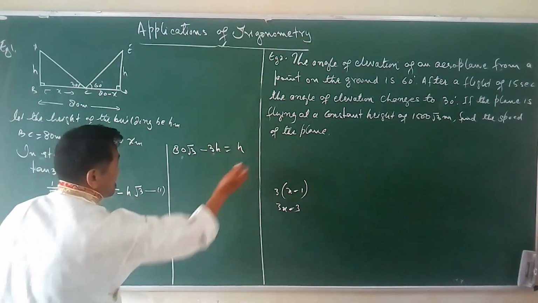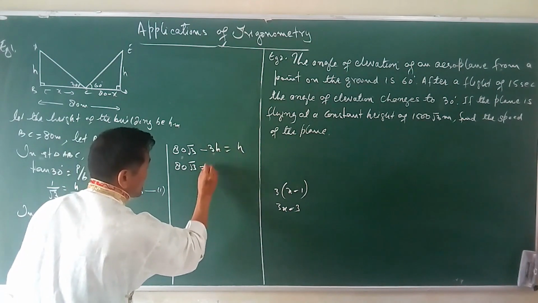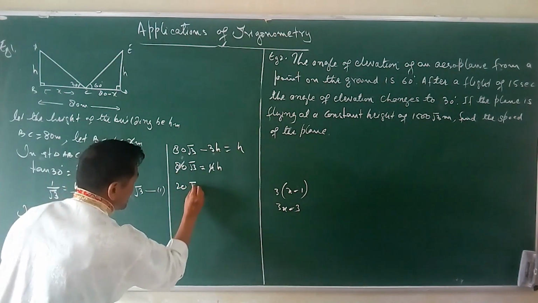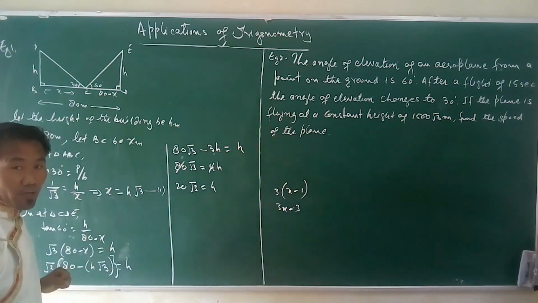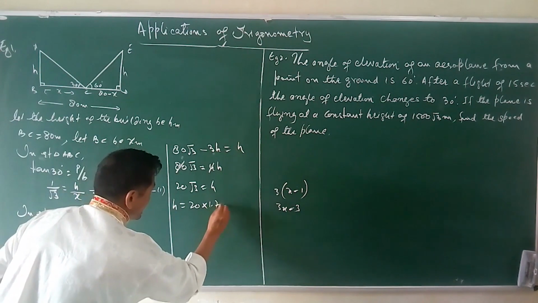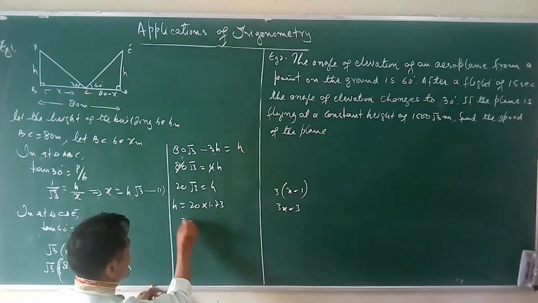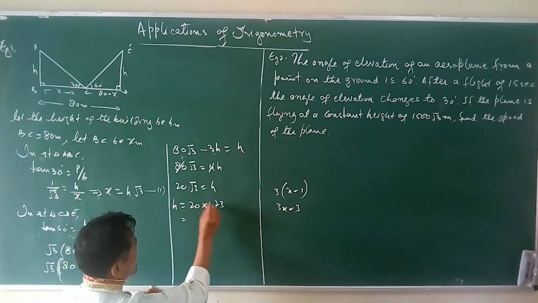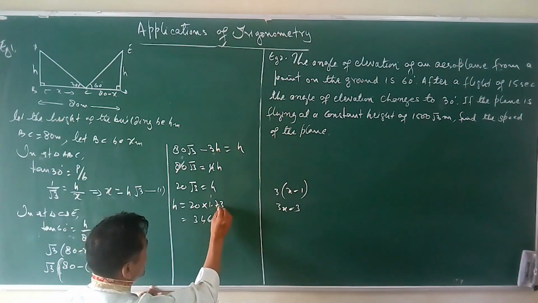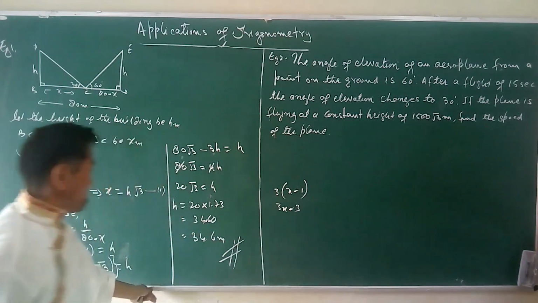That is simplification. 80 root of 3, positive, so positive 3H and H makes 4H. 4H equals 80 root of 3, equal to H. The root 3 value is 1.73, so therefore H is equal to 20 into the value 1.73, which is equal to 34.6 meters.